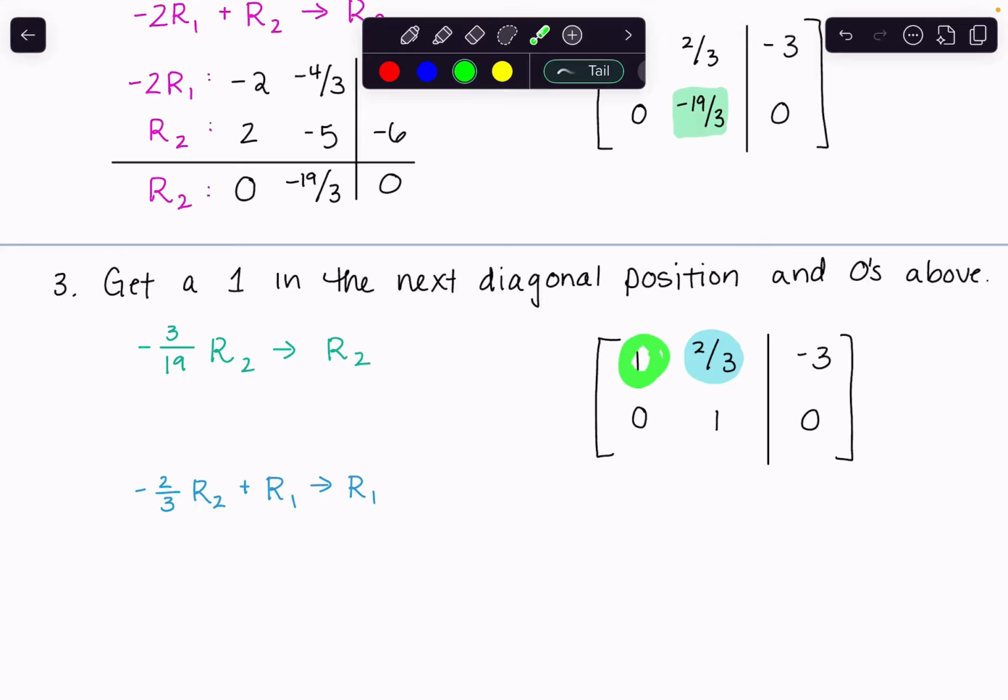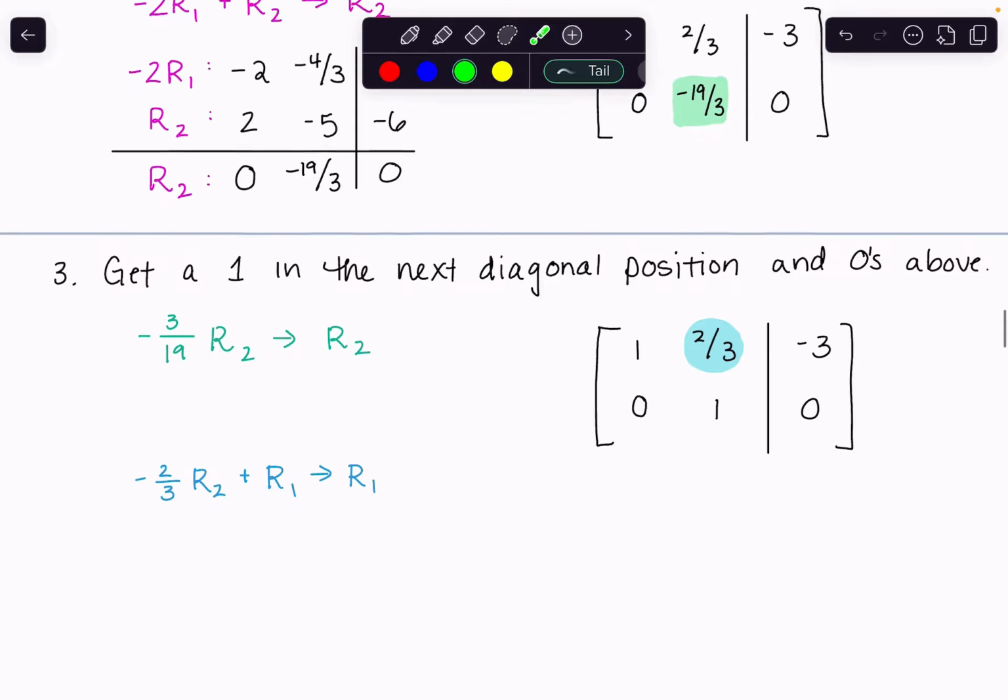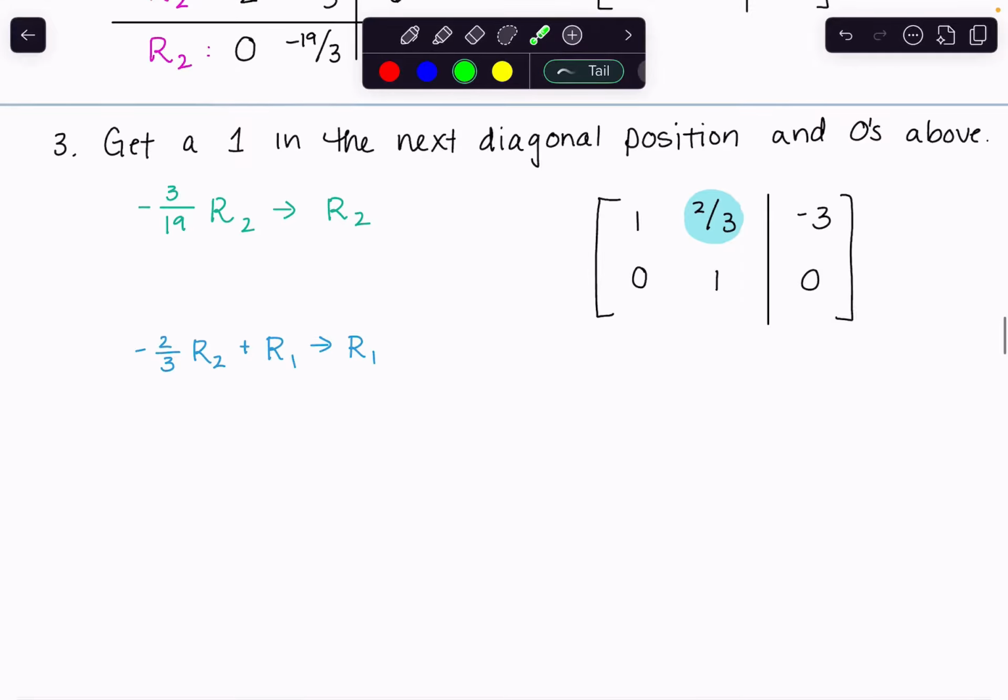And again, this is not going to impact the fact that I put a 1 here because I have 0 below it. So anytime I'm now multiplying this row, it's not going to affect anything in that first column because I had zeros below it, which is the reason we want to go in this very specific order. A 1 in the first diagonal, then a 1 in the second, and then you keep moving on from there.